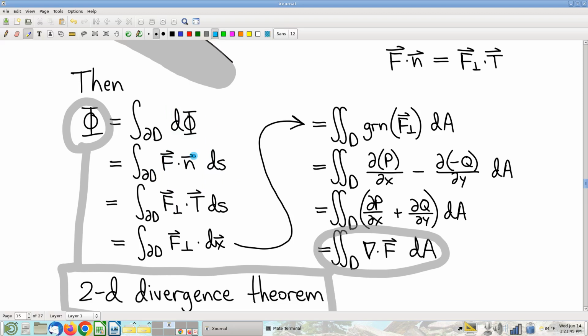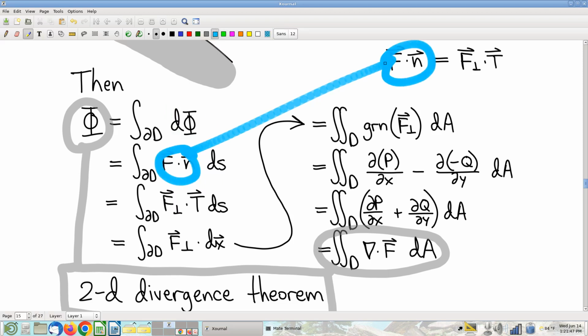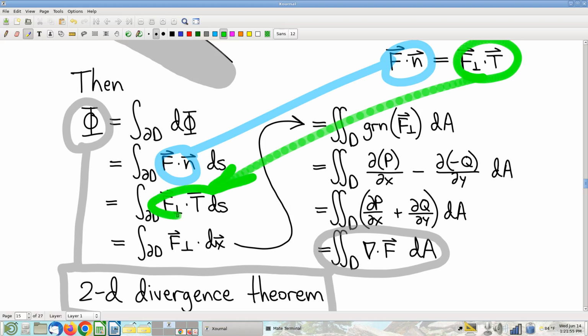Here it is, F dot N. And very conveniently then, isn't it nice that I can replace that with F perp dot T. And the reason that this is nice is because this gets us into the world of the familiar. Look at that guy right there. T ds. Oh my gosh, that's the dx vector.